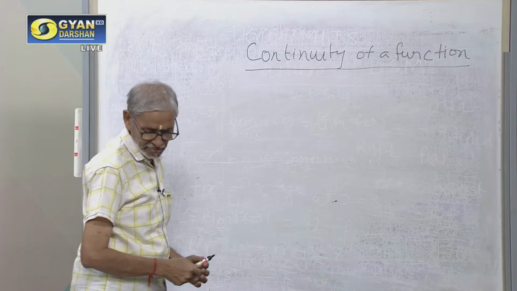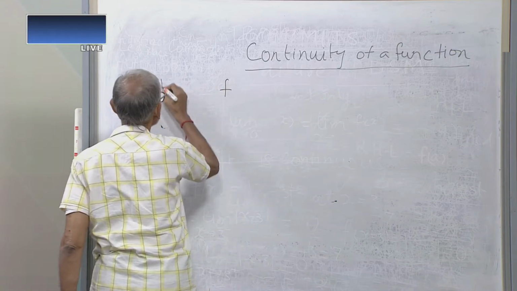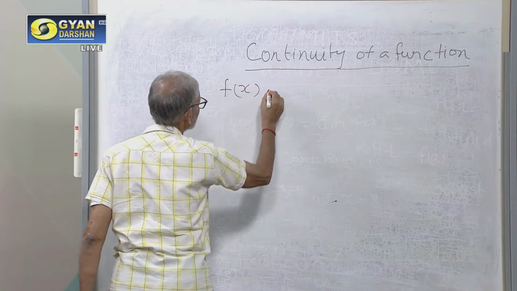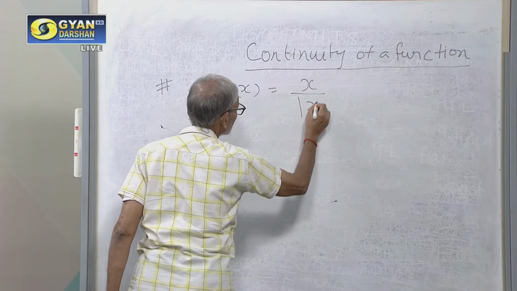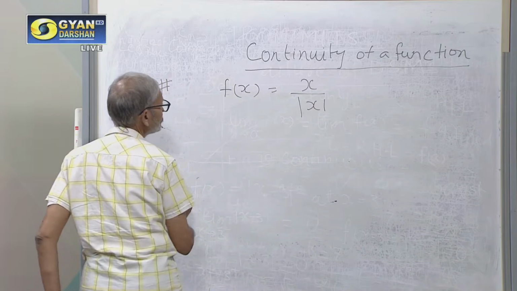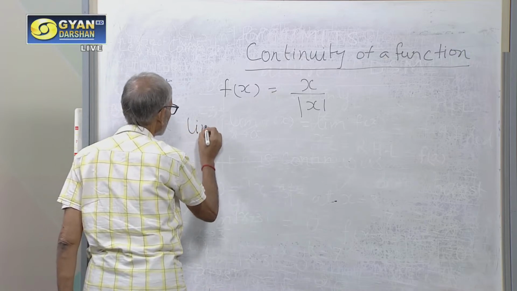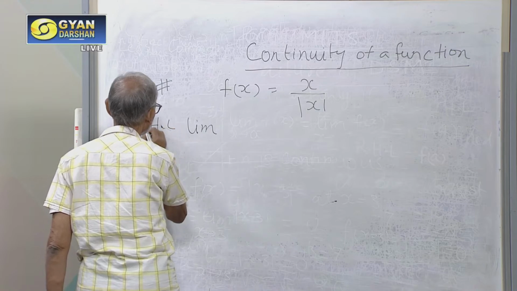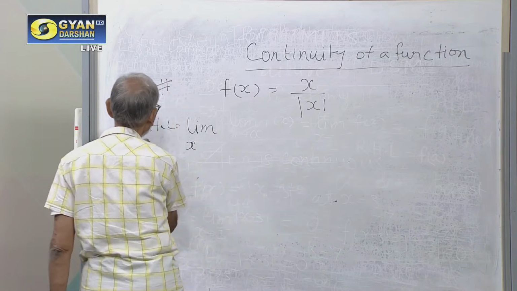Say f x is equal to x upon mod x. We will take LHL, left hand limit, at x is equal to 0.